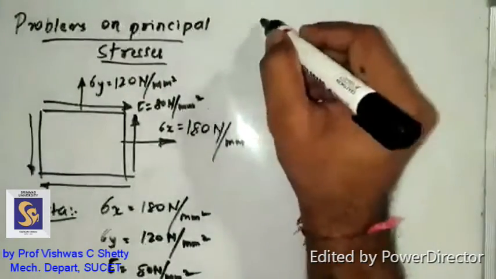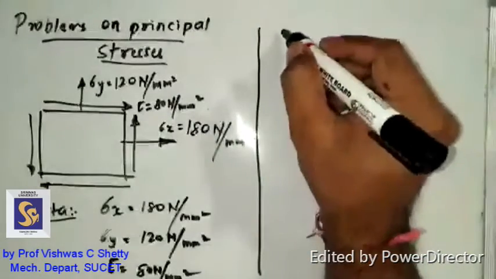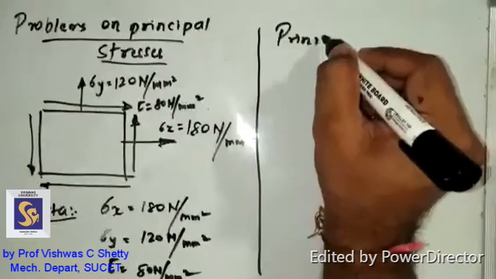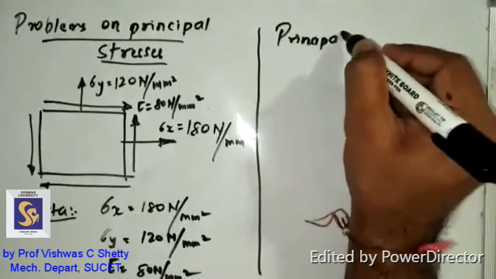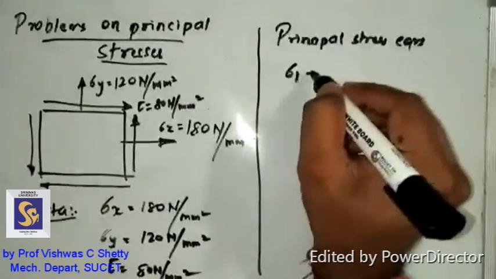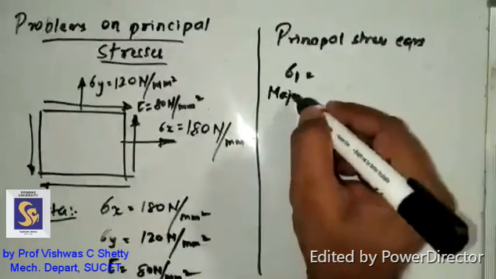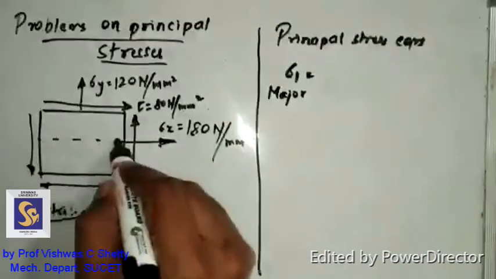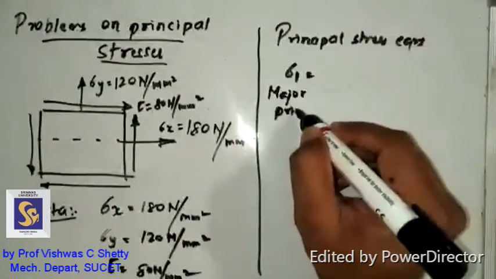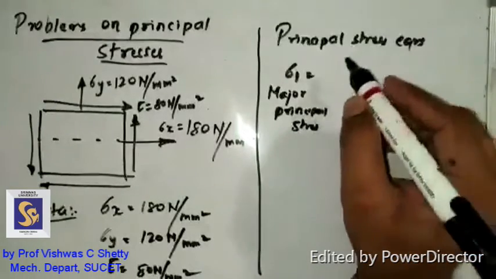So here is the principal stress equation. Sigma 1 is the major principal stress.